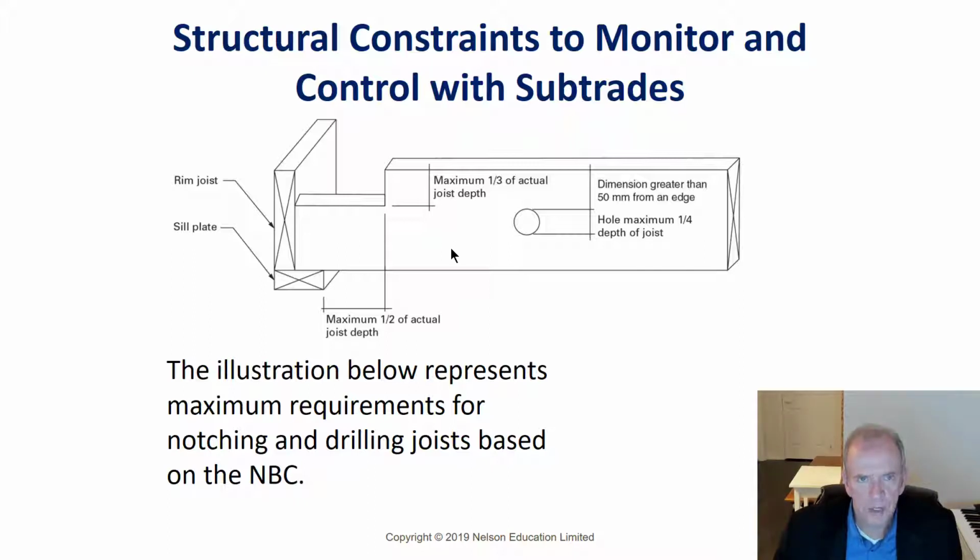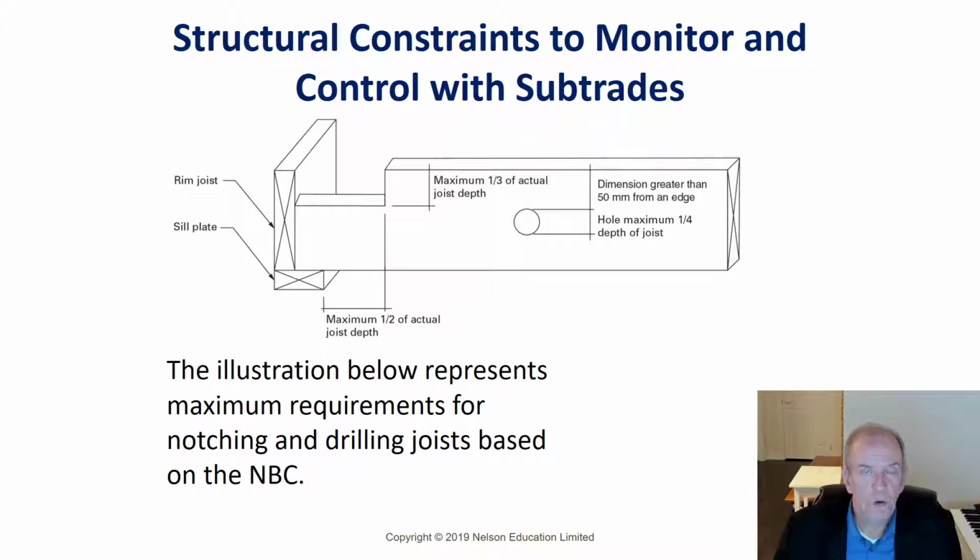You also have to be very careful of manufactured joists because this is for dimensional lumber. Manufactured joists actually have more flexibility in a lot of ways, but you've got to follow that manufacturer's requirements. So you've got to be very careful of that. For example, if you have LVL beams, a lot of them don't want any holes drilled through the beams. And if they don't want any holes drilled through the beams, you have to plan for that.